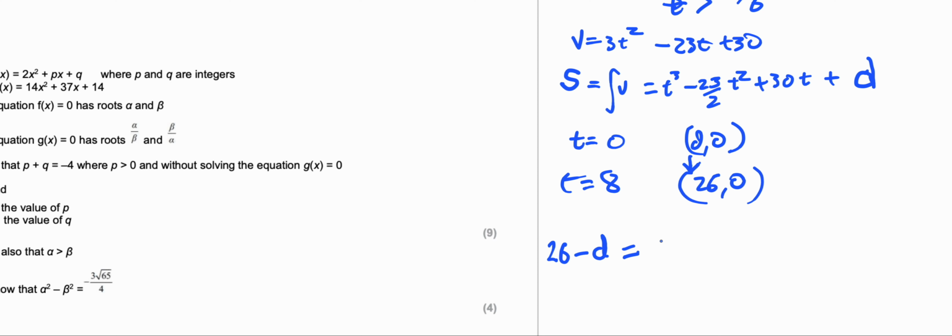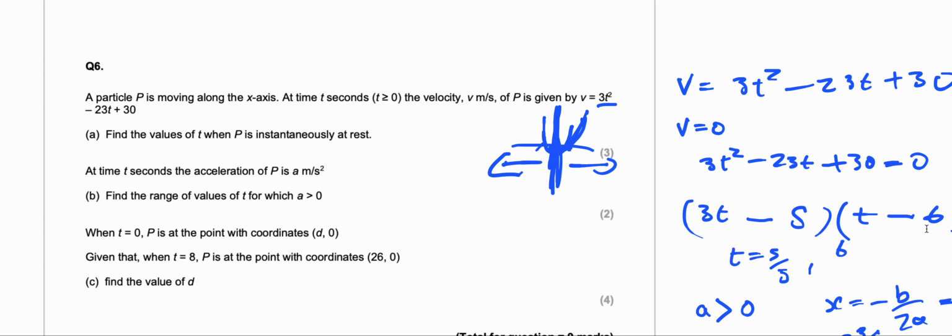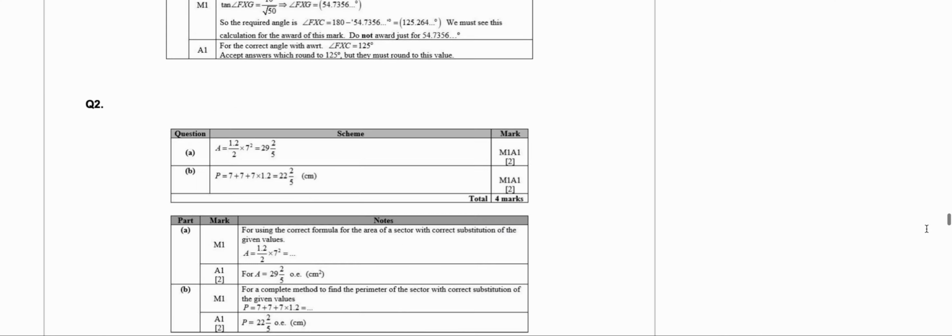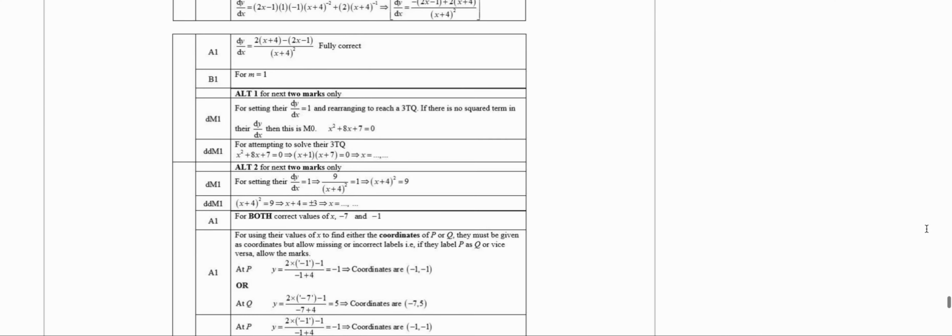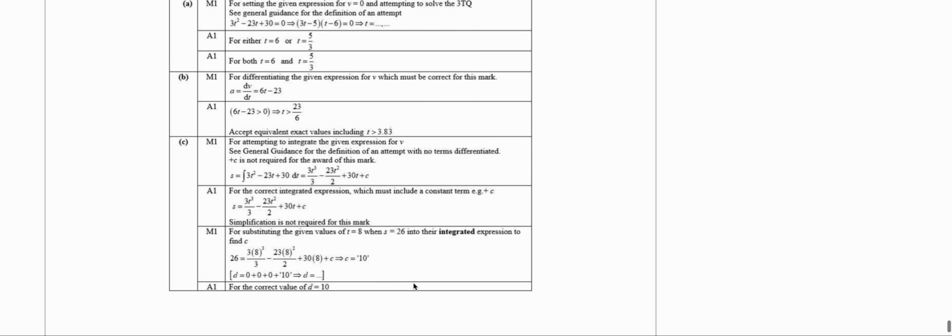And we put 8 in there, so it's 8 cubed minus 23 over 2 times 8 squared plus 30 times 8 plus d. And you can rearrange and solve that for d. Let's have a quick look down. So that's question 6c. And you get the correct value of d equals 10.